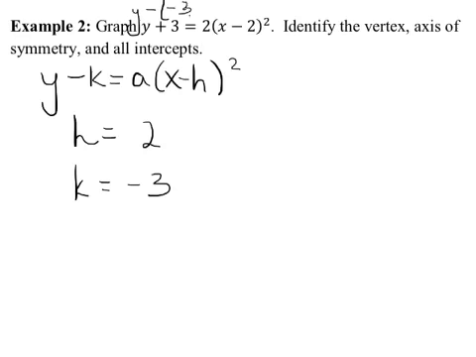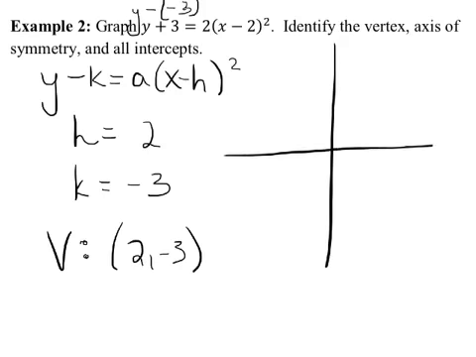So the y minus k becomes y minus negative 3, so k is negative 3. Remember from last class, we quickly went through that, and you saw that in the video, that (h, k) is the vertex. So there's our vertex. So already we know that we're going to be going over 2 and down 3.